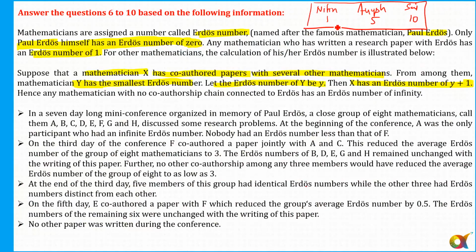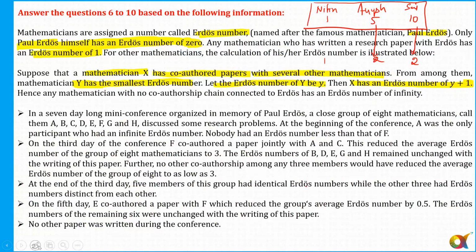In that case, among all these 3 persons, the smallest Erdos number is 1. So for the remaining persons, their Erdos number will change to 1 plus 1. So the new Erdos number for Ayush is 1 plus 1, 2. For Sai, it is again 1 plus 1, 2, and Nitin will remain 1. That is the meaning of this second paragraph. Is that clear to all of you now?